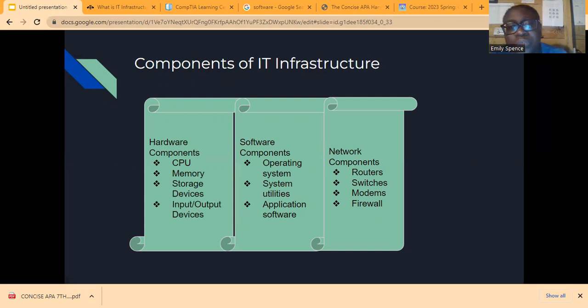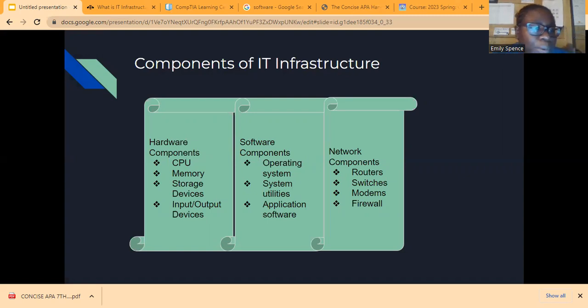Network components fall into the category of hardware components. All the components are interdependent, that is, they rely on each other. For example, hardware devices create an interface between the user and the computer, while the operating system creates an interface between the software and the hardware.